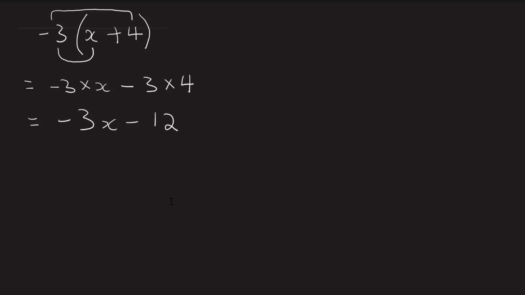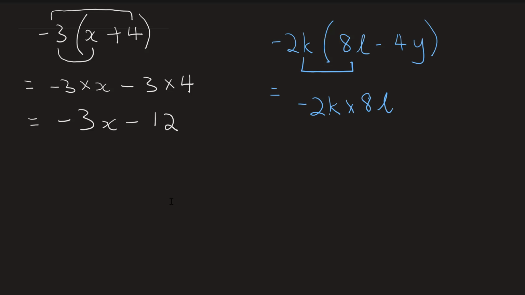And one last one. Minus 2k outside of 8l minus 4y equals minus 2k multiplied by 8l. Let's write it out. Now for the second term, I have a negative number multiplied by another negative number, which will give me a positive answer.